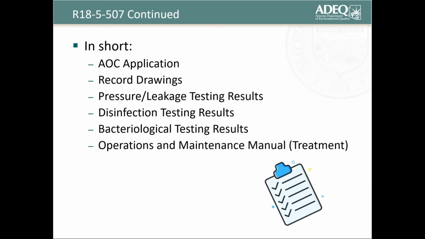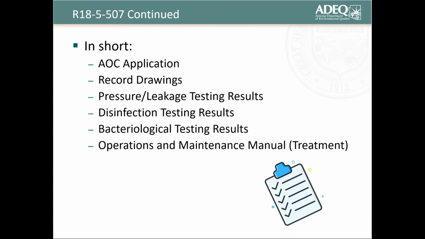So in general, most of the water components will need the following documents: the AOC application, which is signed and sealed by the professional engineer registered in Arizona, the record drawings, which is signed and sealed by that PE in Arizona as well on every sheet, the pressure and leakage testing results, the disinfection testing results, BACT test results, and the operation and maintenance manual.